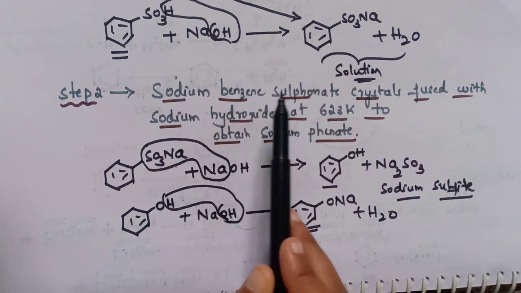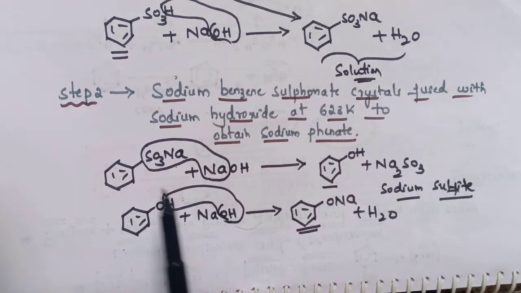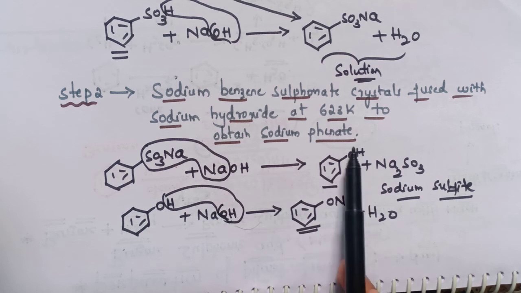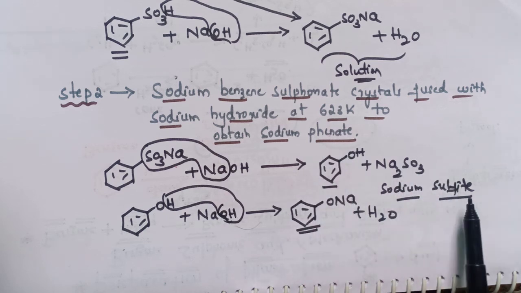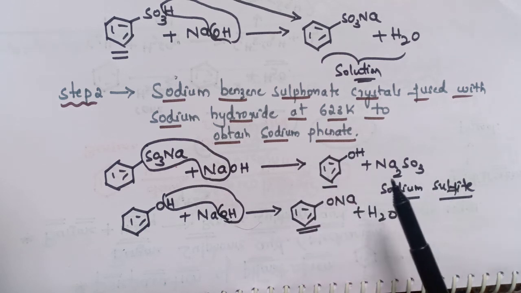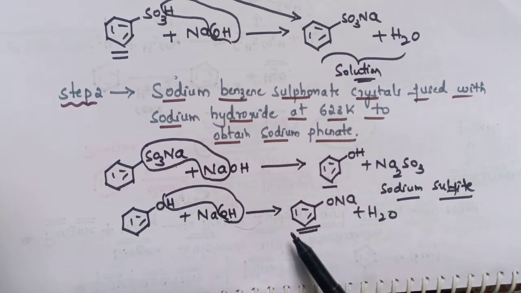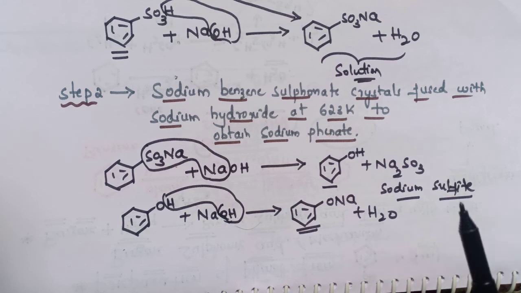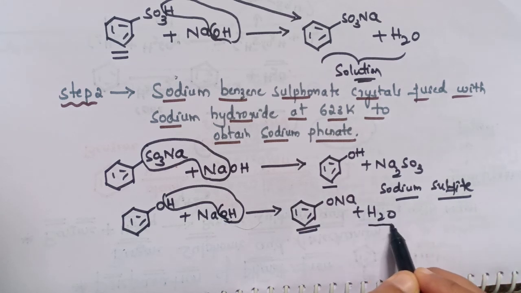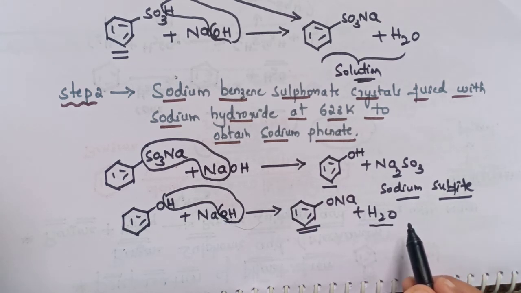When the sodium benzene sulfonate crystals are fused with sodium hydroxide, we will get phenol and sodium sulfite. So it is an intermediate reaction. When this phenol is again treated with sodium hydroxide, we will get sodium phenate by the removal of H2O. This is about step 2.